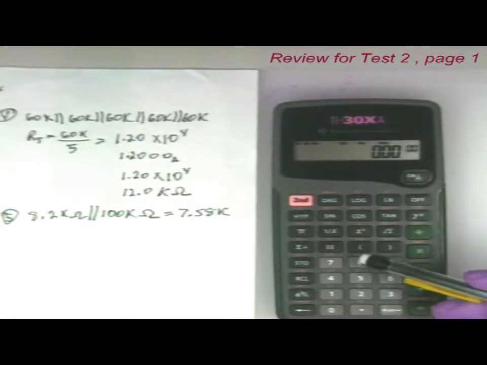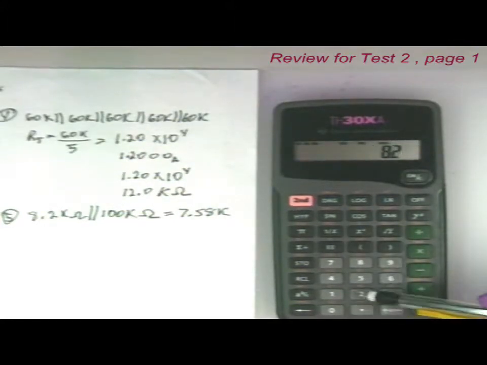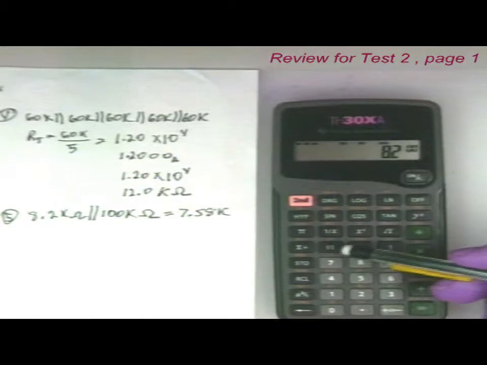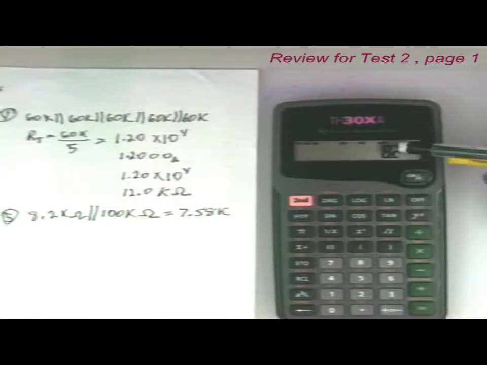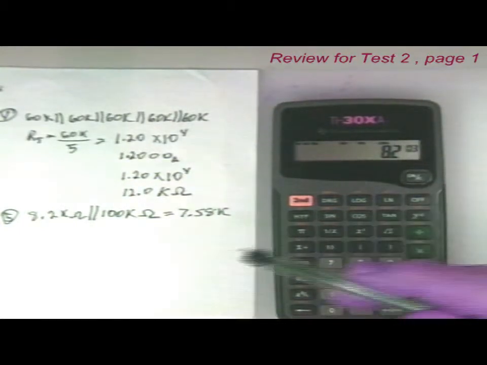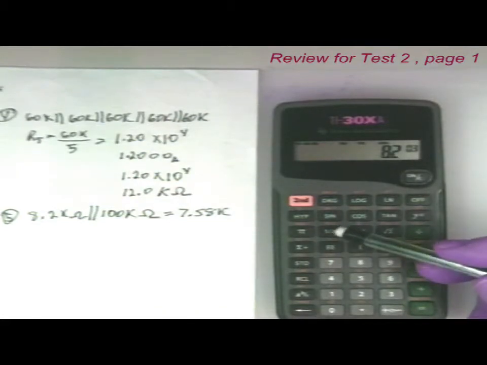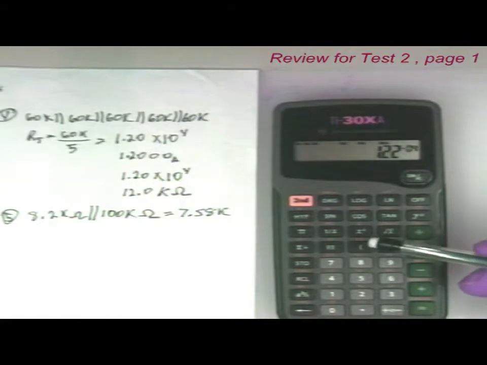We put in the 8.2 double E 3. Now I have 8.2 double E 3, which is 8.2k, and it's in parallel with 100k, so I have to use my reciprocal formula and take the reciprocal of that.